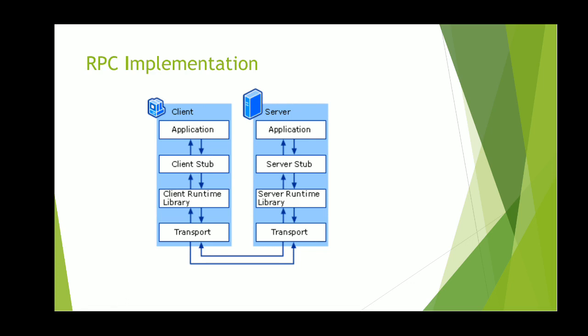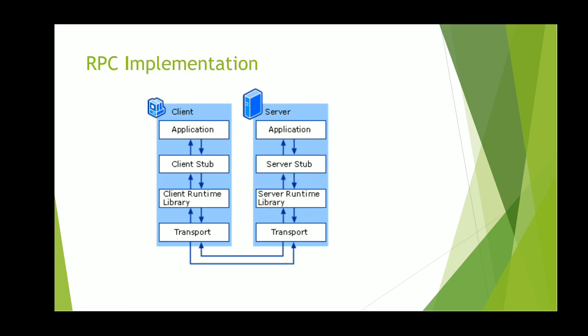After the parameter conversion in the client stub, the data and subroutine will be sent to the server, and this is done using the client runtime library. This client runtime library takes care of the data transmission between client and server. And in the server, the server runtime library will handle this data traffic.